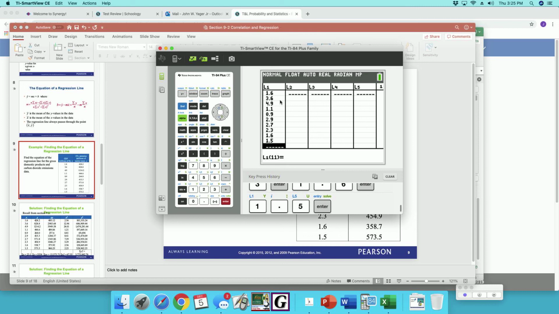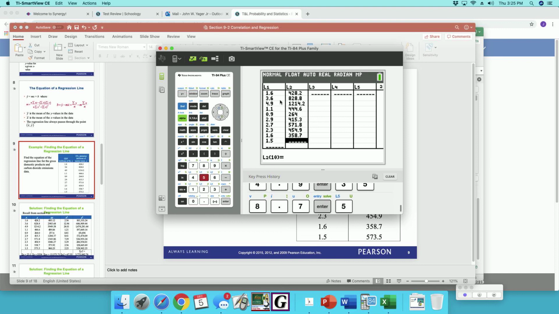Now, push the right cursor, and now we have to put in their corresponding y values. 428.2, enter. 828.8, enter. 1214.2, enter. 444.6, enter. 264, enter. 415.3, enter. 571.8, enter. 454.9, enter. 358.7, enter.